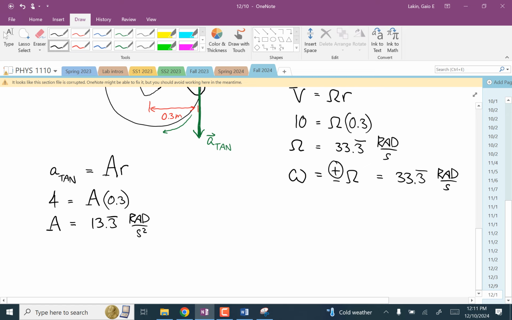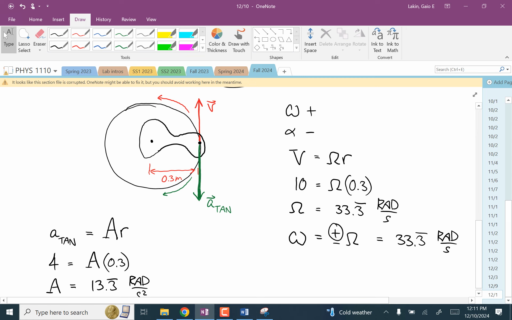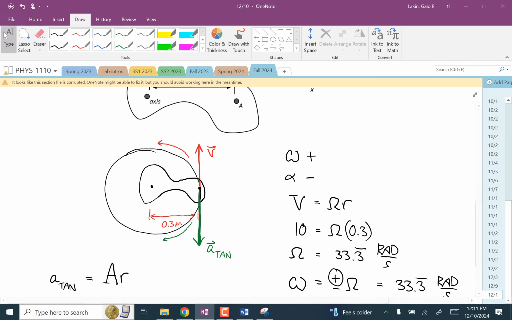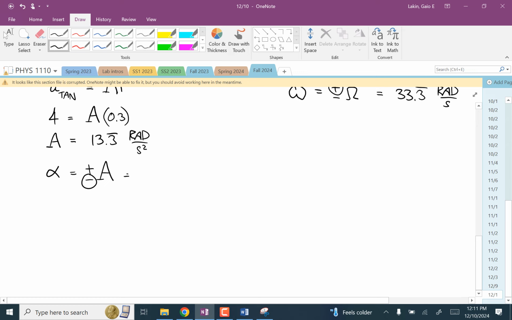Wasn't it negative 4? Well, the capital omega and the capital alpha are both absolute values. So you just throw away the sign. Okay. And so now we'll calculate the angular acceleration is plus or minus the magnitude of the angular acceleration. We already figured out that it's negative. So this is negative 13.3 repeating. Anybody have any questions about either of those?